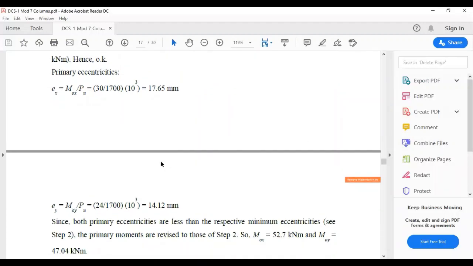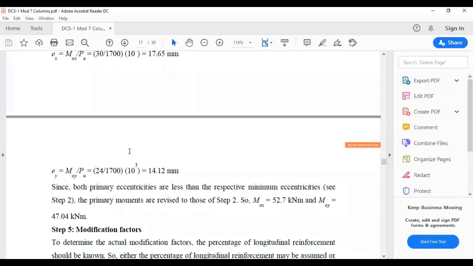Next is Ey. MOY upon Pu is the formula to find Ey. MOY we just found out to be 24, and Pu is given as 1700. So the value comes out to be 14.12 mm.